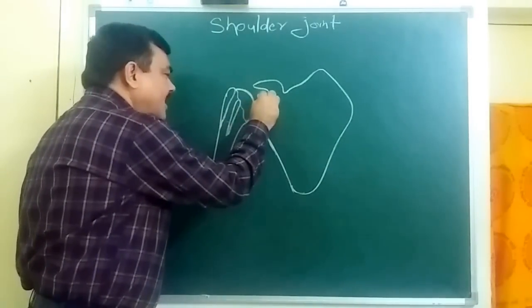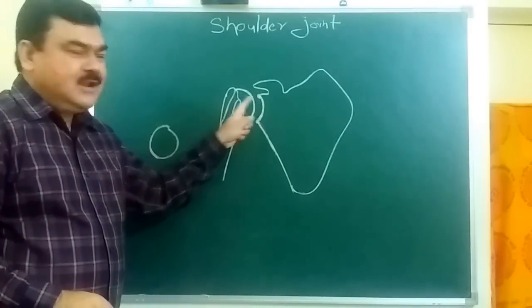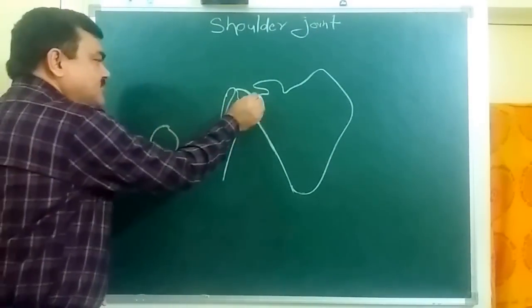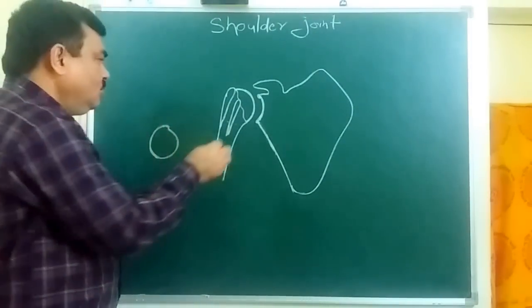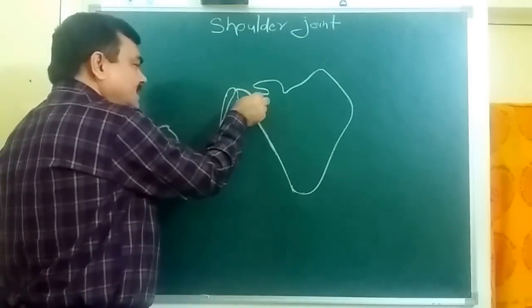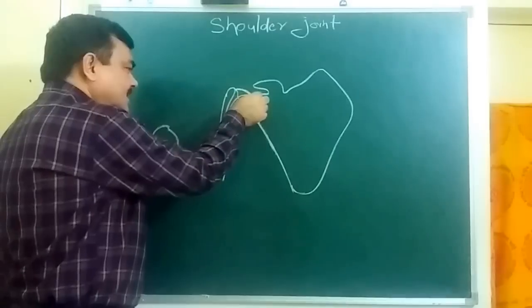This is the supraglenoid tubercle, just above the glenoid cavity. And this tubercle gives attachment to the long head of the biceps brachii.